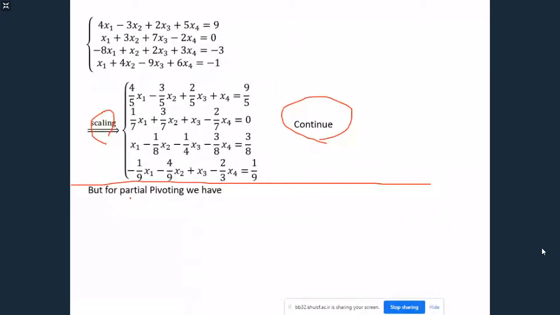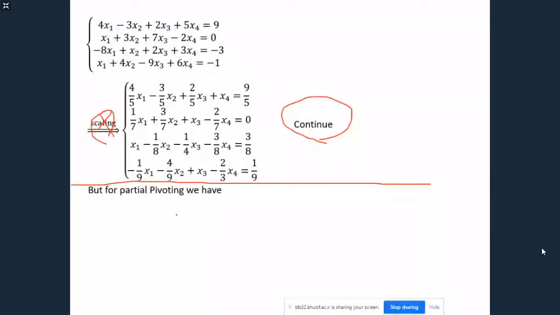We saw in the new example that scaling is not necessary to get a good result, so we can drop that and not consider it.